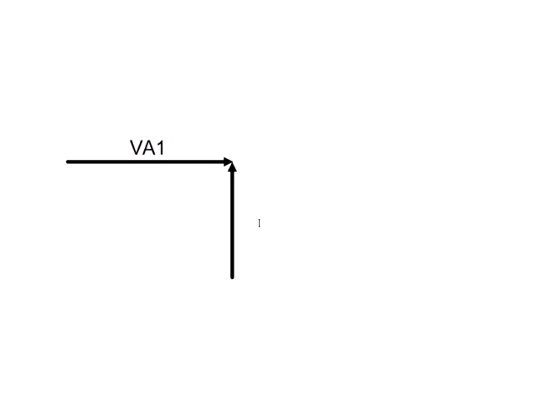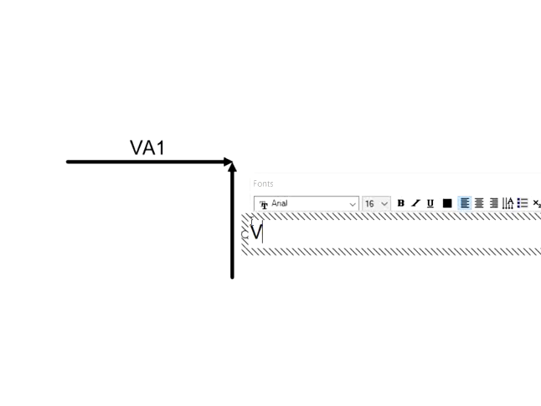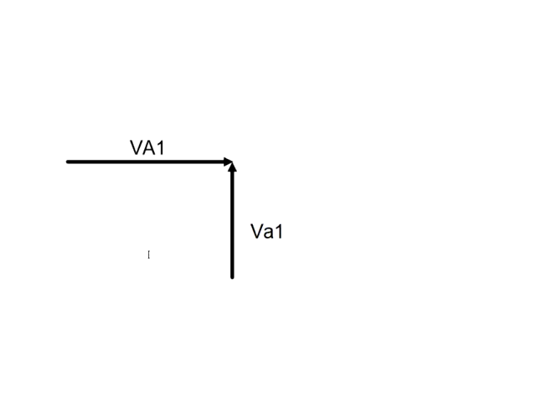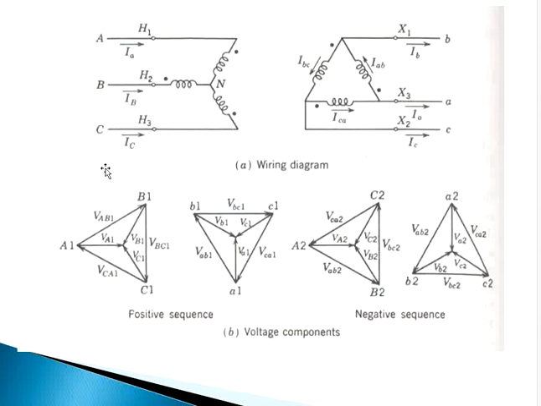You can see one is horizontal and the same VA1 here is downward. Now what is the angle between them? VA1 and VA1 here. It is 90 degrees.